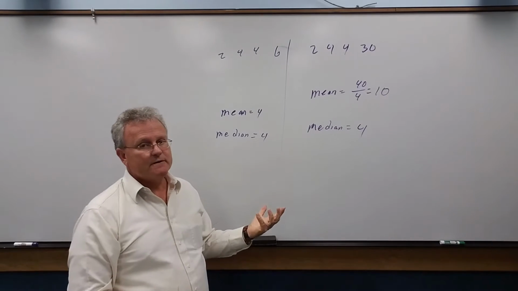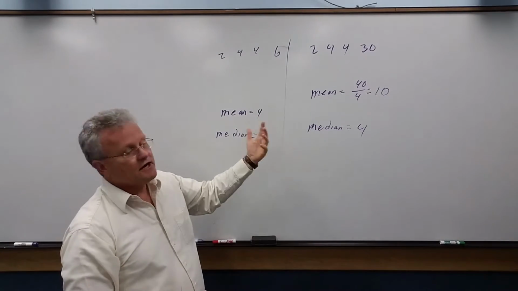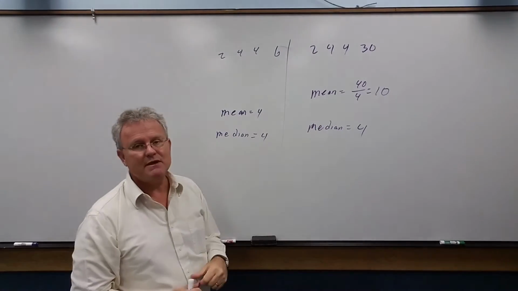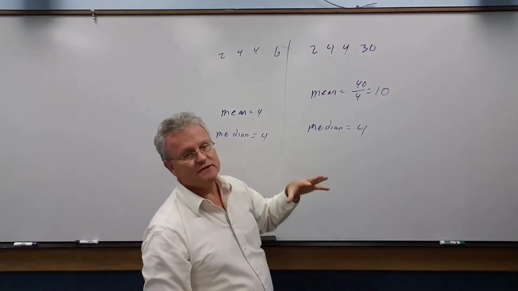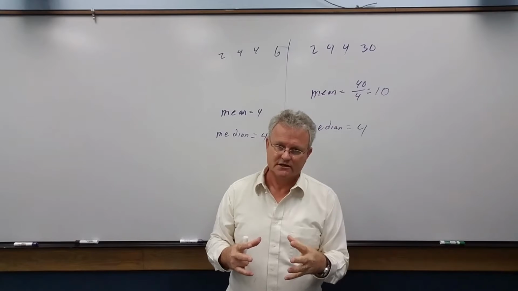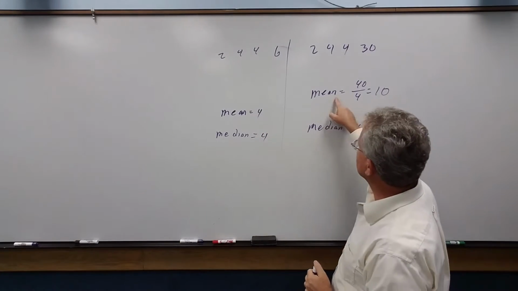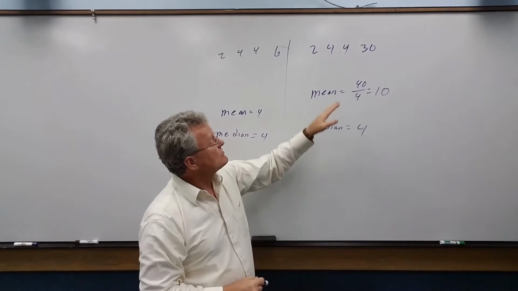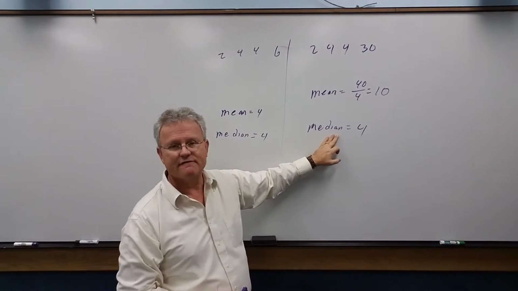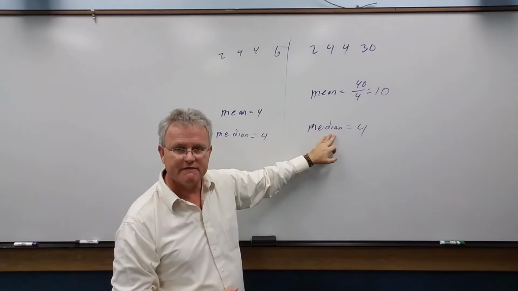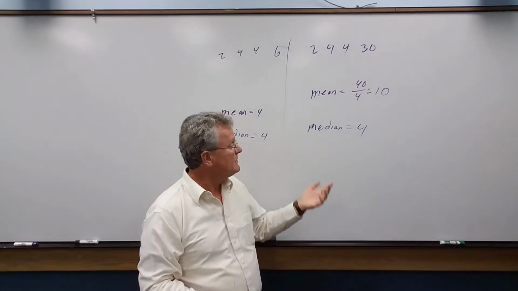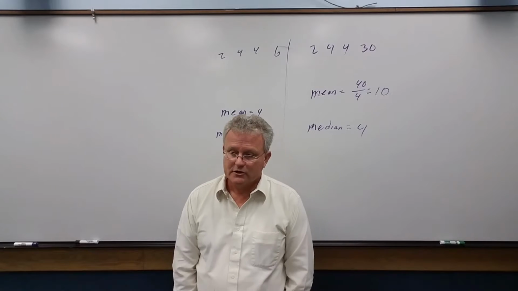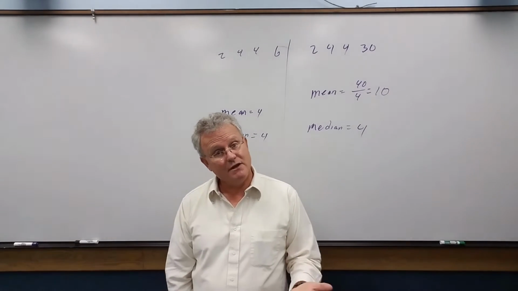So this is very important to understand, the effect outliers can have on the mean if it's a relatively small data set. It has a huge effect. But an outlier or so does not have a very big effect on the median. Right?